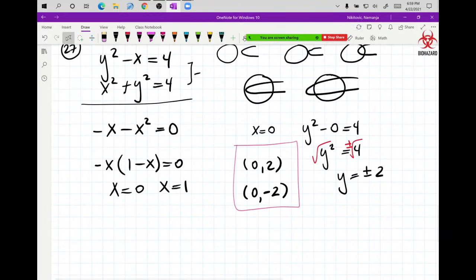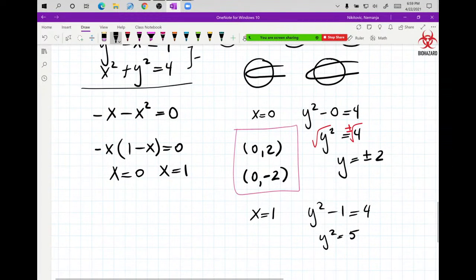Now x equals 1, which is y squared minus 1 equals 4. That's y squared equals 5. And again, square root both sides, plus minus, and now you get root 5. So y equals plus minus square root of 5.